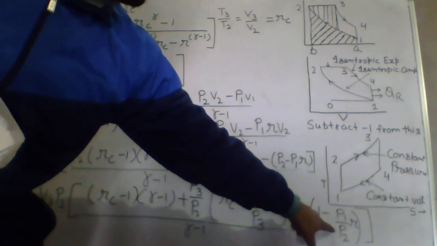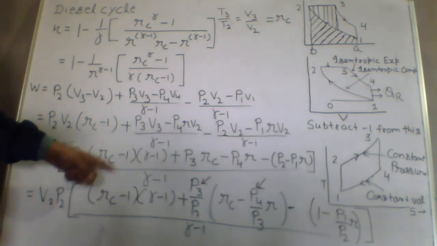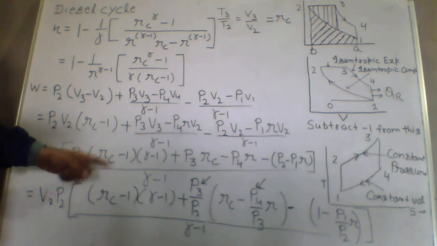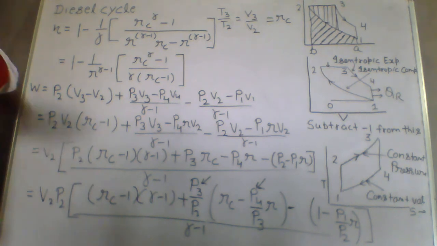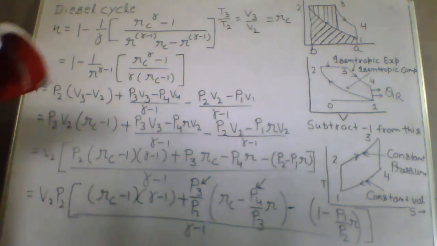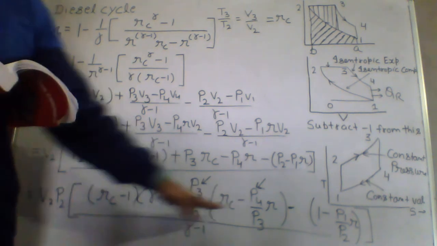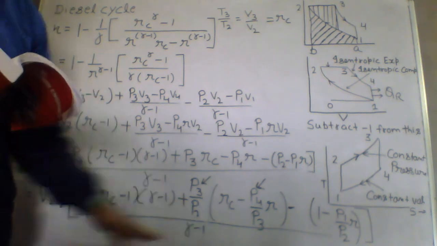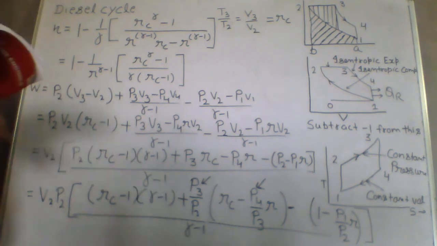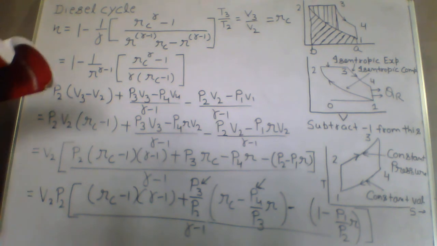Same here, P1 by P2 can be replaced by using two equations, PV is equal to mRT and PV raised to power gamma is equal to constant. And for this 2 to 3, you can again use PV is equal to mRT. You can solve it. After solving this, you have to again find the mean effective pressure, which is the same: your work output divided by swept volume. You will get the mean effective pressure. So up to here is your diesel cycle.